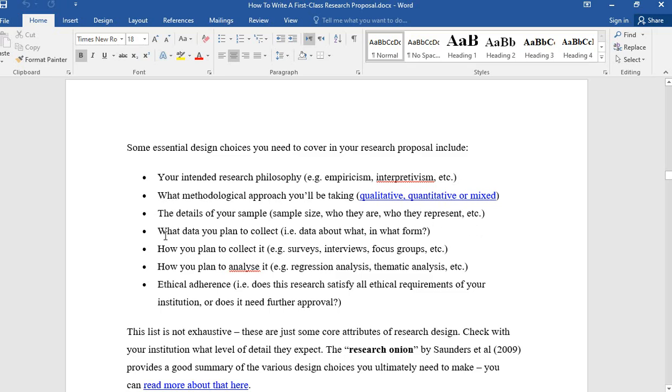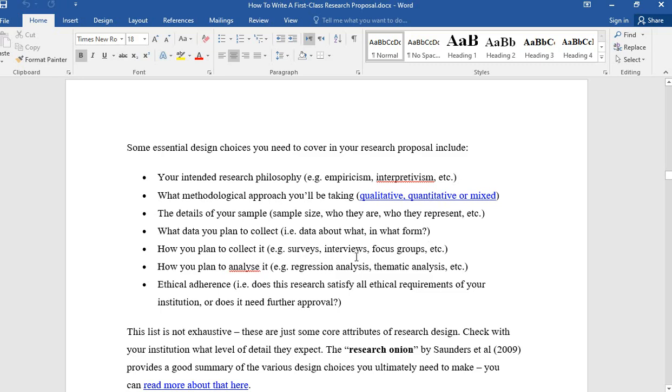Also, in the research design, you have to talk about what data you plan to collect, data about what, in what form. You should say what would be your data, and are you going to gather data about, for example, the learner's psychological issues, socio-linguistic aspects, cognitive aspects, and in what form the data would be collected, through questionnaires, through tests, surveys, interviews, focus groups, etc. Right?